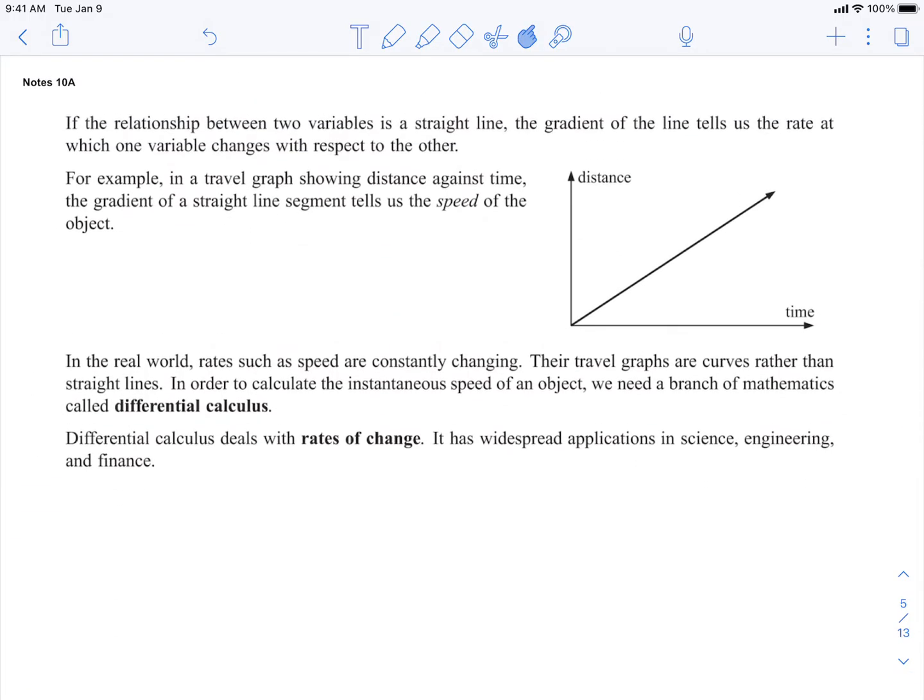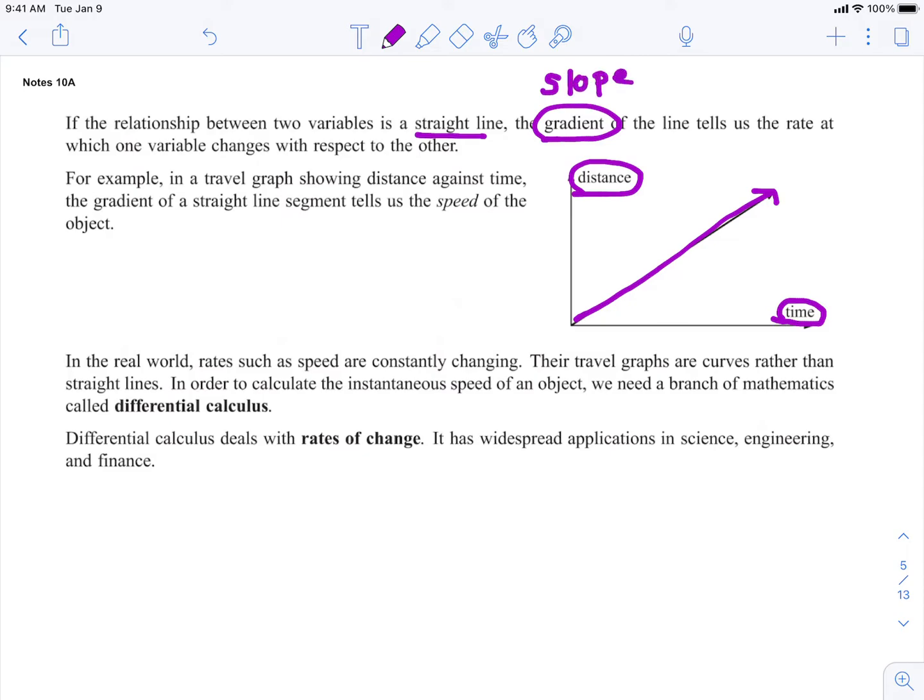So first slide here, pause if you need to. If the relationship between two variables is a straight line, so here's variable 1, time, here's variable 2, distance, and that is a straight line, the gradient, which you're going to refer to in our course, is slope of that line.